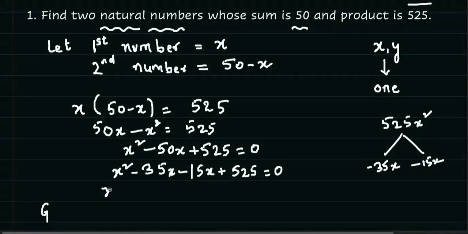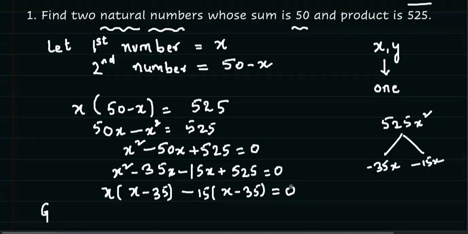So x is common here: x into x minus 35, minus 15 is common, x minus 35 equal to 0. So I will get x as 35 and also x value 15.